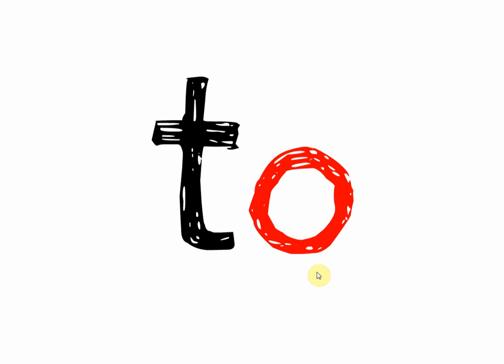So the two as in number two, which is spelt T-W-O, and the two as in me too, or I like to go to school too. That last two is spelt with two O's. So this is to go, to be, to school. That's this two.